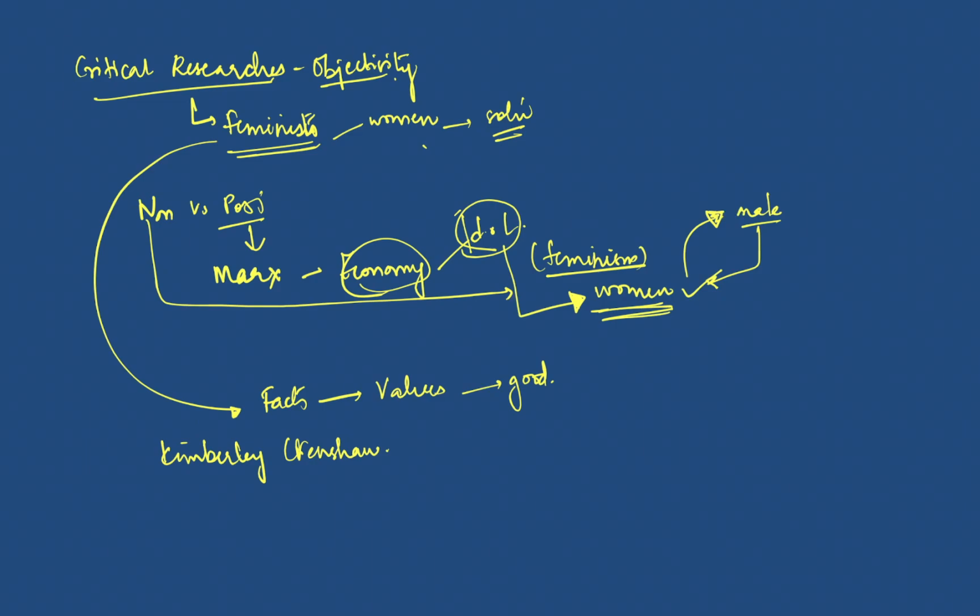And on the other hand, you have a very interesting personality, Alvin Gouldner, right? And Alvin Gouldner, in his book, writes this very beautiful book called Anti-Minotaur, the myth of value-free sociology.